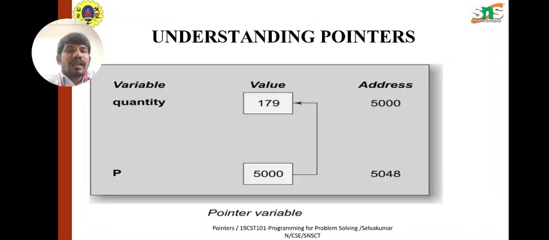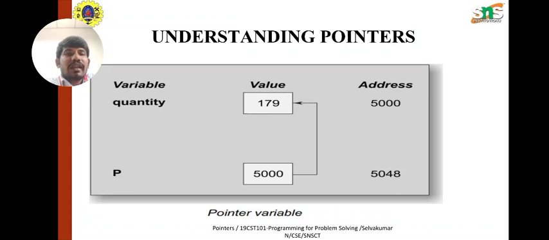The variable is quantity, the value is 179, and 5000 is the address. The pointer p is itself stored at another address, 5048. The compiler will reach address 5048, then 5000, and then the value 179 is returned to the user.